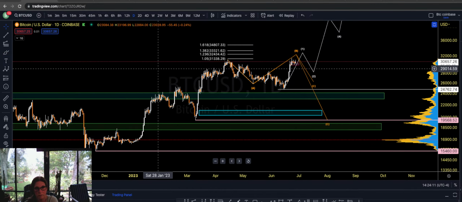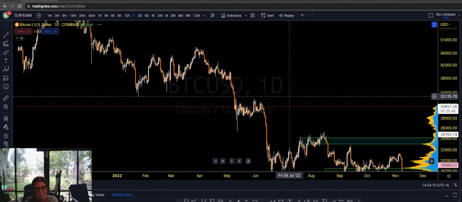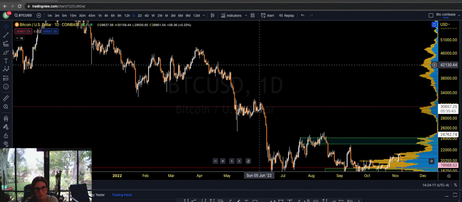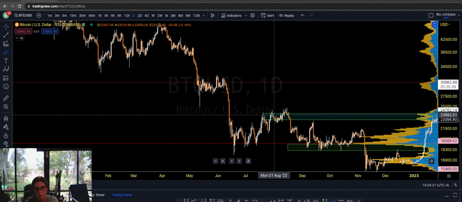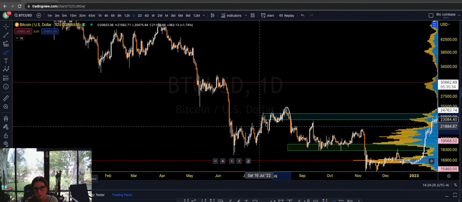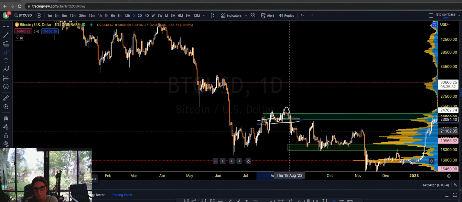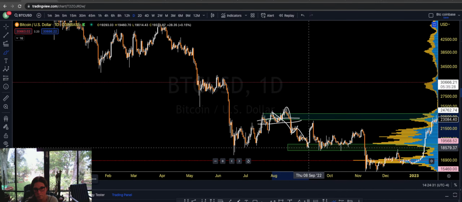If you look back, expanded flats like to happen at tops. Let me see if I can find one. Here's one. Get this sharp C, comes up underneath support. The buyers just aren't there, and then it gives it a partner.